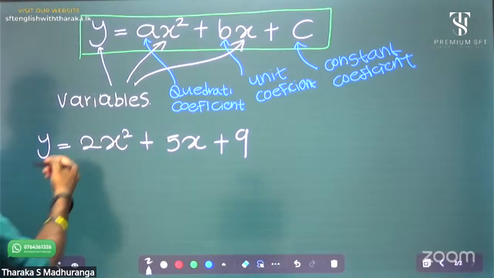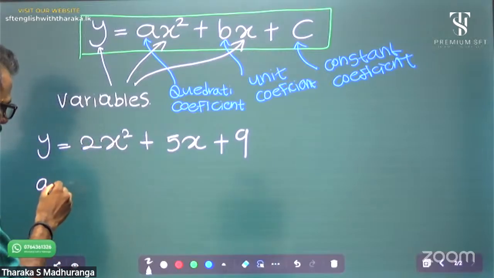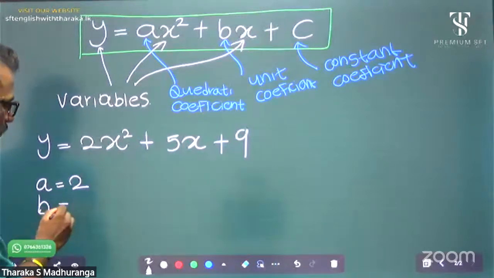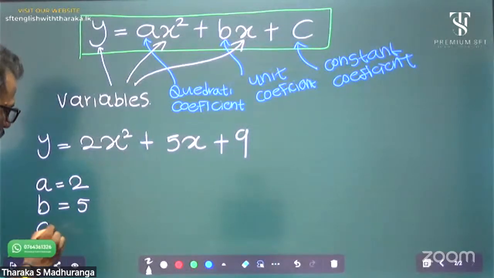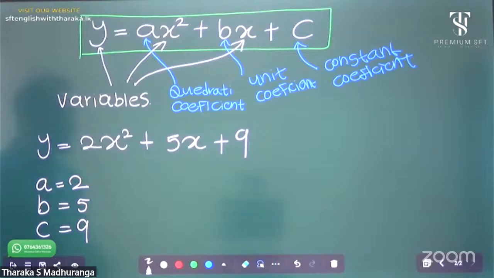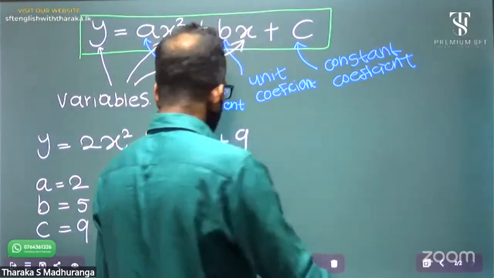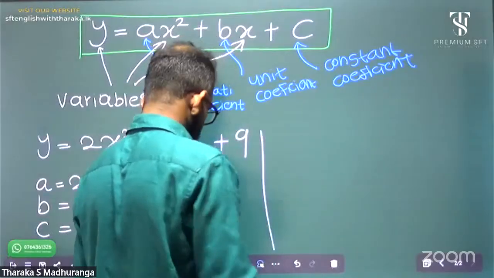Yes, A equal 2. Very good. A equal plus 2, B equal plus 5, C equal plus 9. Okay. Can you identify this second one?